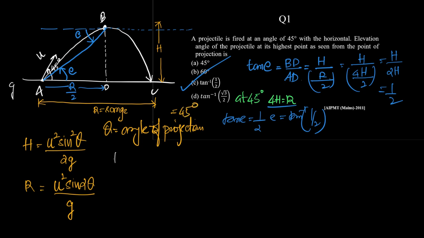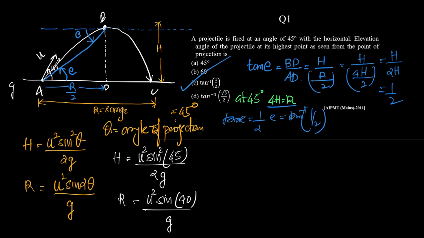In which case, what is H equal to? H is U square sine square 45 the whole upon 2g, and R is equal to U square sine 2 into theta, 2 into 45 is 90, the whole upon g.